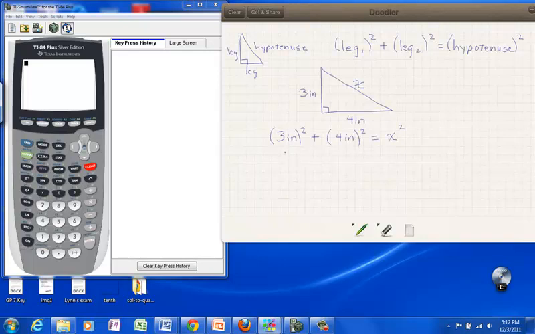Well, let's see what this is. This is 9 square inches. This is 16 square inches. And 9 plus 16 is 25 square inches.